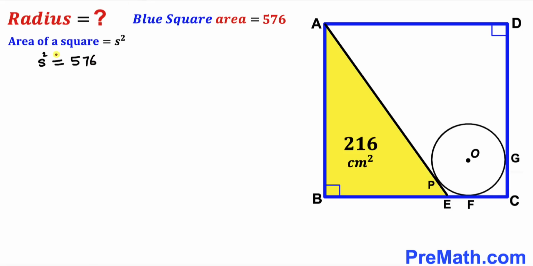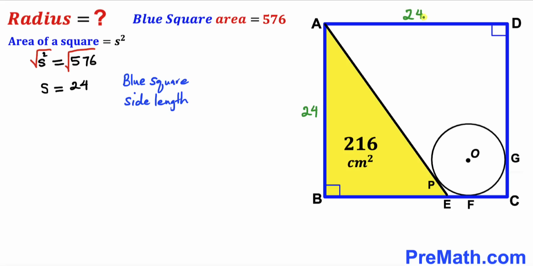I'm going to undo this square by taking square root on both sides. So therefore, the side length S of this blue square is going to be 24 centimeter. So this side length is going to be 24, 24, 24, and 24 across the board.